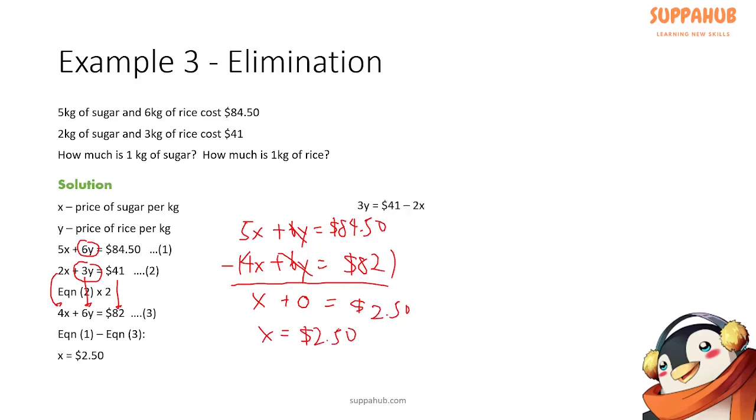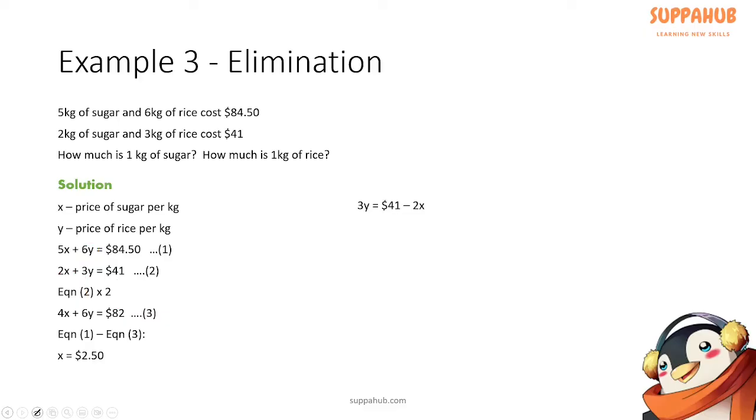Okay, then you have 3y equals $41 minus 2x. Basically it's just solving this part here, taking equation 2.